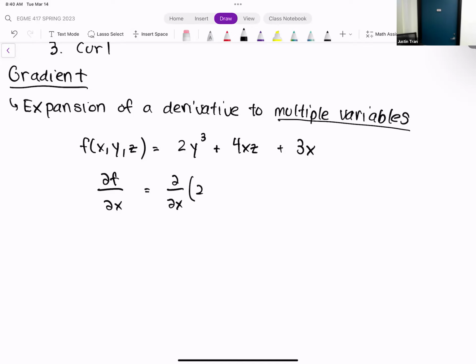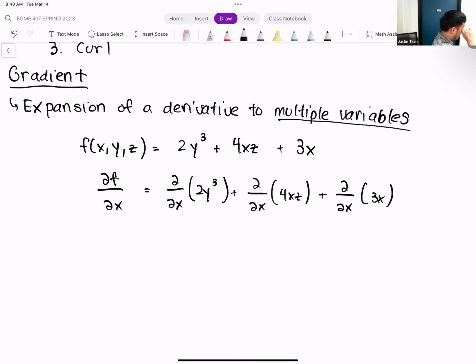The partial x of 2y cubed plus partial x of 4xz plus partial x of 3x. So let's carry out all these partial derivatives.